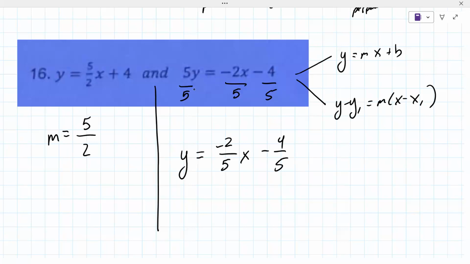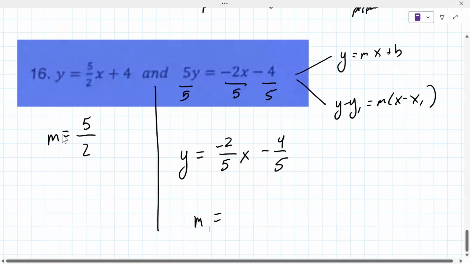Is that okay? All right, now what is the slope of this one? -2/5.